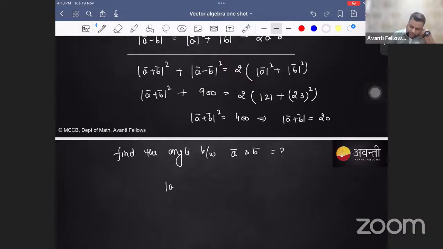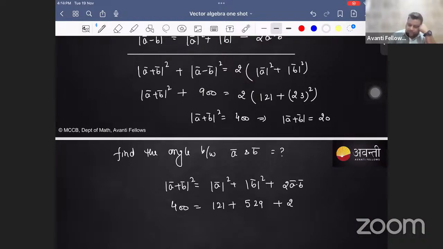See, magnitude of A plus B whole square was magnitude A square plus magnitude B square plus twice of A dot B. Now this A plus B whole square is 400, magnitude A square is 121, magnitude B square is 529, plus 2 into magnitude of A 11, magnitude of B 23 into cos theta.